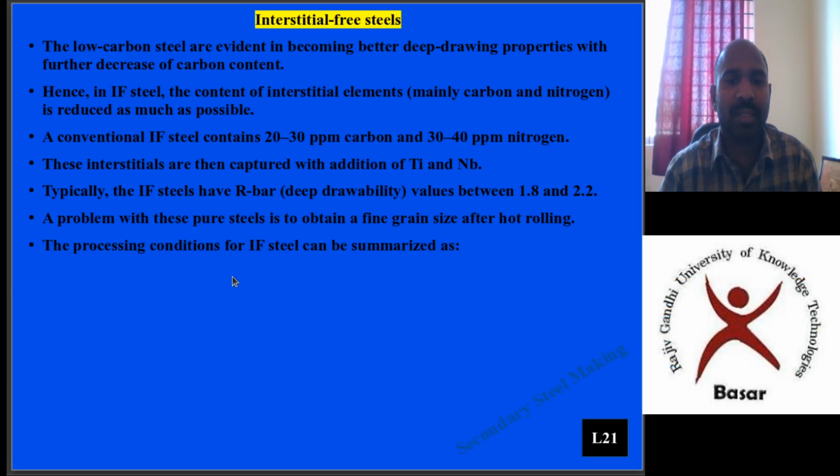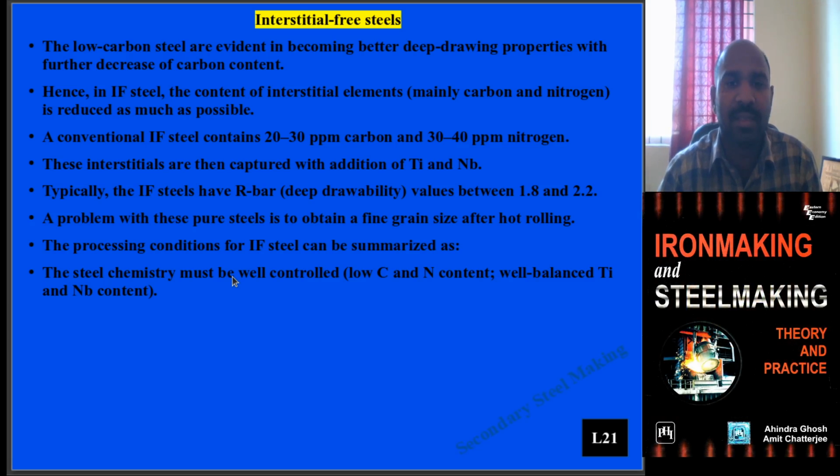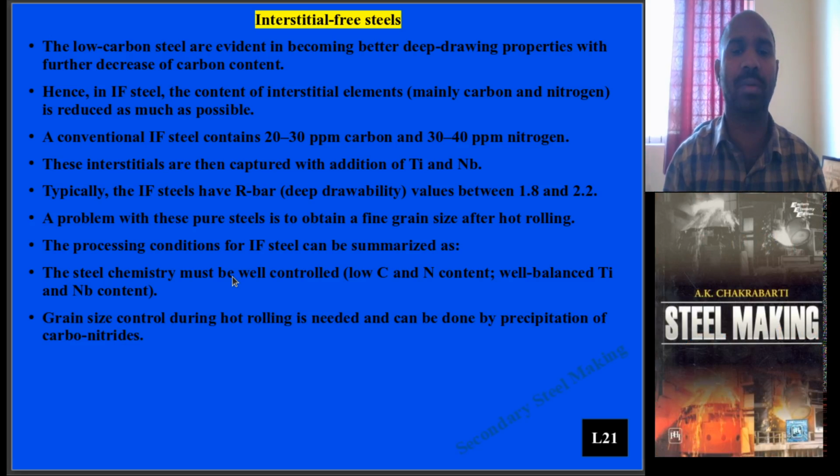The processing conditions for interstitial free steels are that the chemistry should be maintained at low carbon and nitrogen, balanced with titanium and niobium, so that all the problems could be rectified and it becomes suitable for car body application.